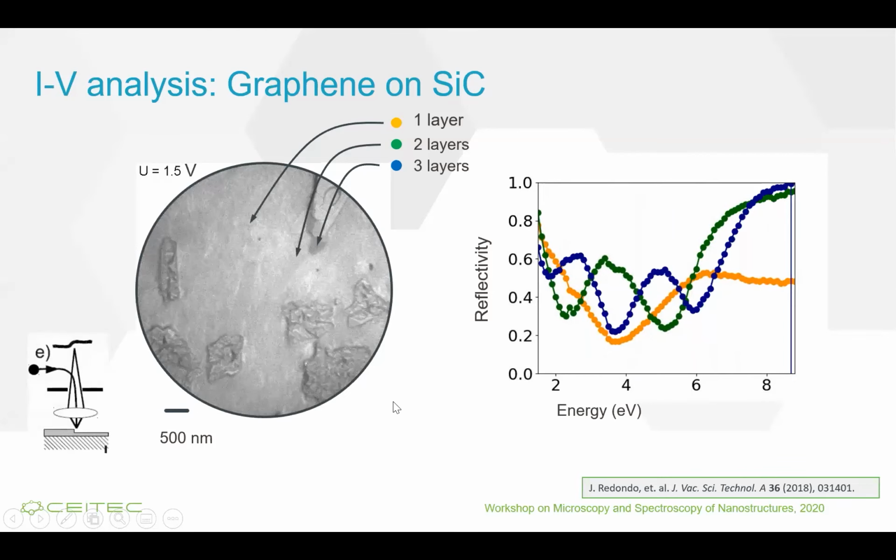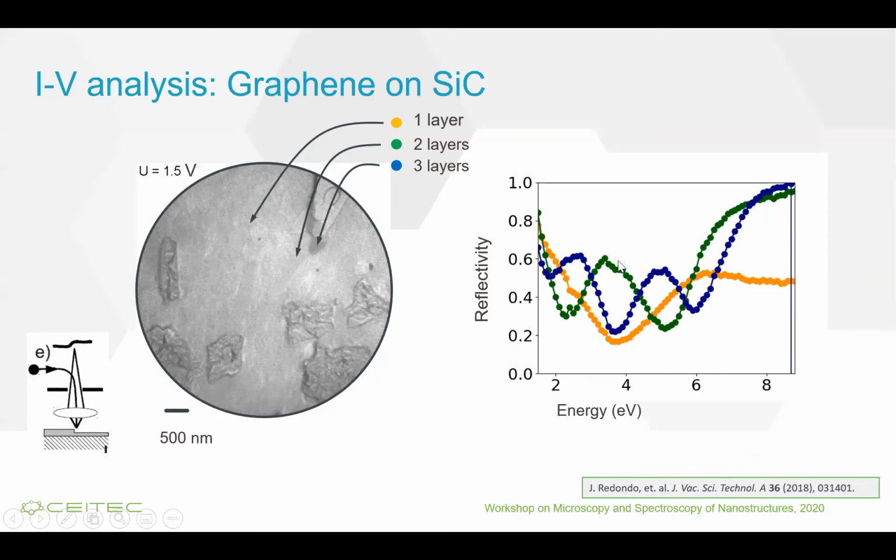For 3-layer graphene, it's the blue one. For single layer, we see a single minimum, for 2-layer, it's 2 minima. For 3-layer graphene, it's 3 minima in the curve. So this is the result of this interference contrast. And so this really allows us to see how many layers of graphene we have.